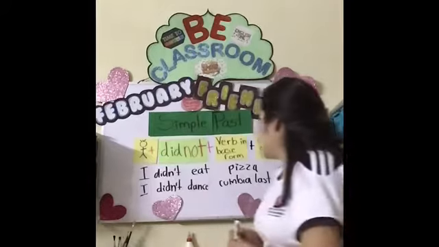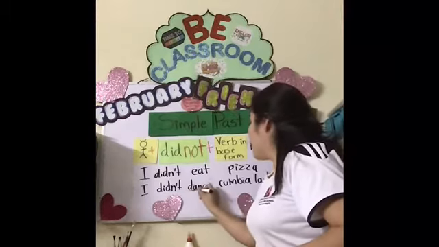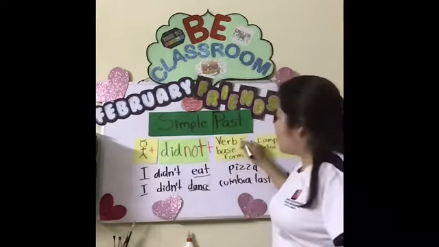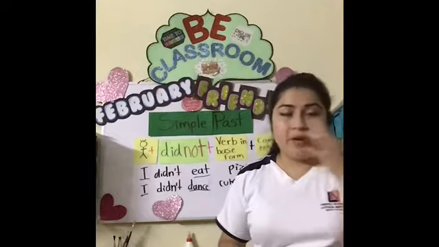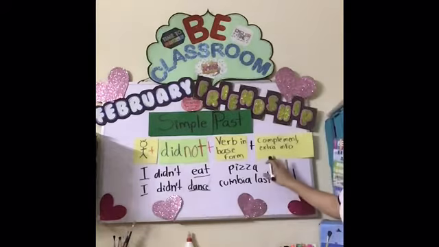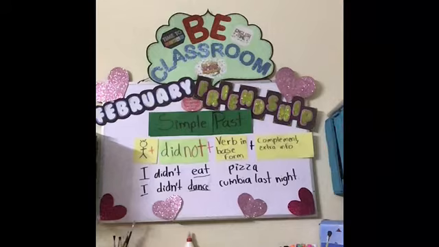I didn't dance cumbia last night. Remember, our verb in base form. That is very important that you remember. Here you have the sentences in negative, and it's very important that you remember, okay?